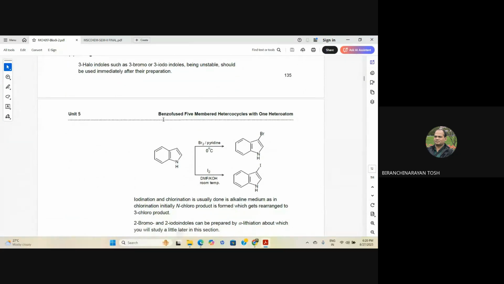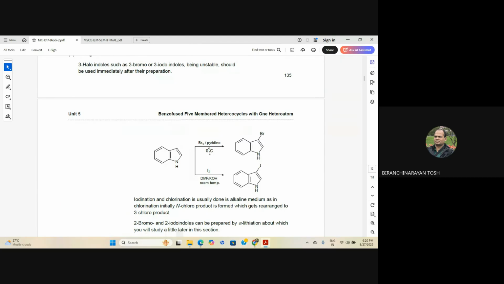Then halogenation. 3-Haloindoles such as 3-bromo or 3-iodoindoles, being unstable, should be used immediately after preparation. They can be prepared using bromine in pyridine at 0 degrees Celsius, or iodine in DMF and potassium hydroxide. So iodination and chlorination are usually done in alkaline medium.